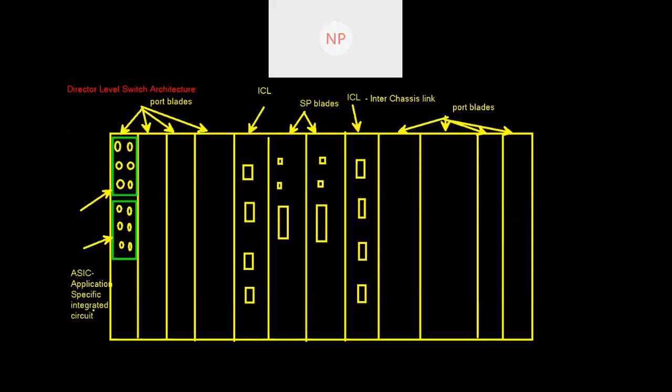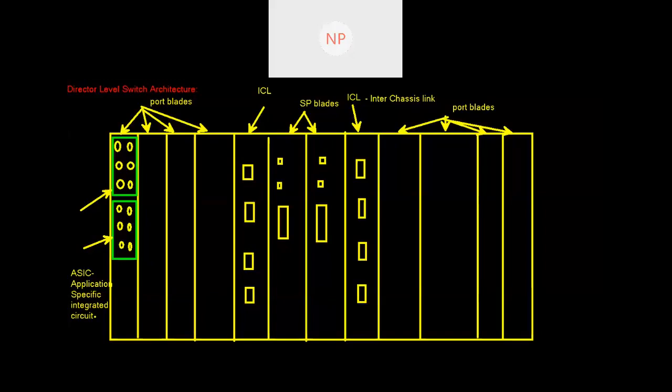Circuit. Okay. So this is a kind of processor which will be in the background and which will give compute power to the ports in our port blade and port group. Based on the ASIC only, the port speed and everything will be decided.